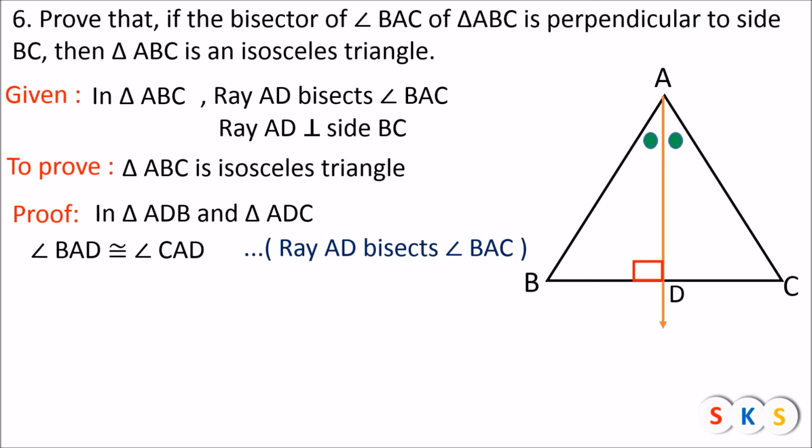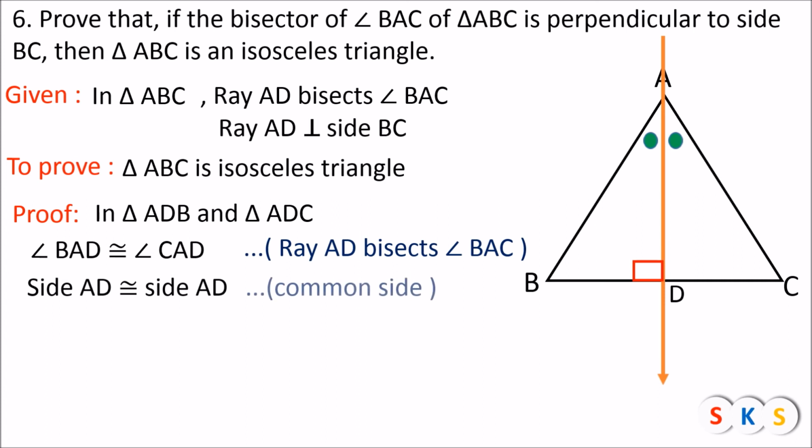Now look at this figure. Side AD is a common side of both the triangles. So side AD is congruent to side AD, common side. And in this figure, angle ADB is 90 degrees, and angle ADC is also 90 degrees because AD is perpendicular to side BC.